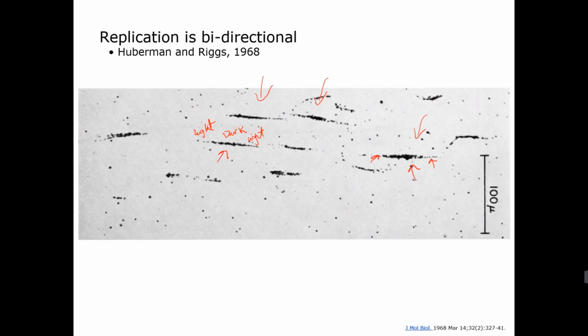The other thing that I want to point out on this is sort of interesting, and it was actually the first visualization of replicating eukaryotic chromosomes. So again, it was the first visualization of replication.